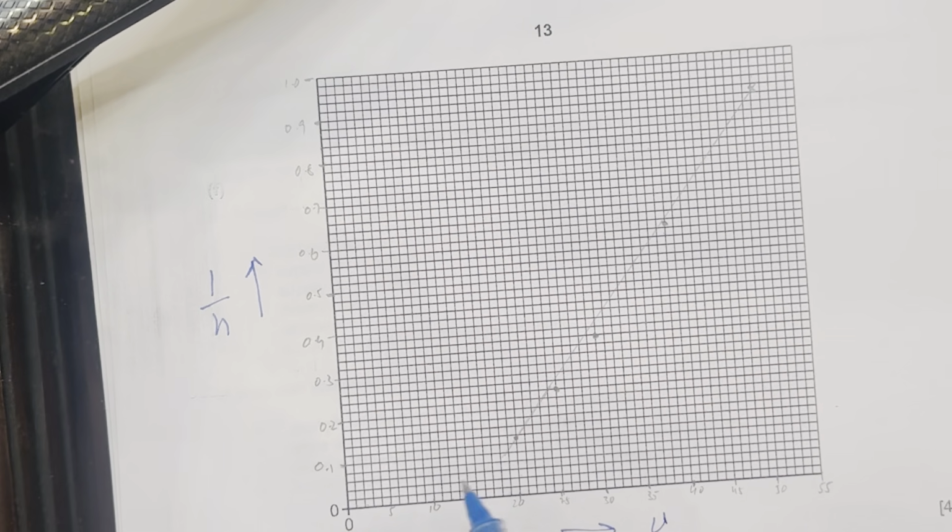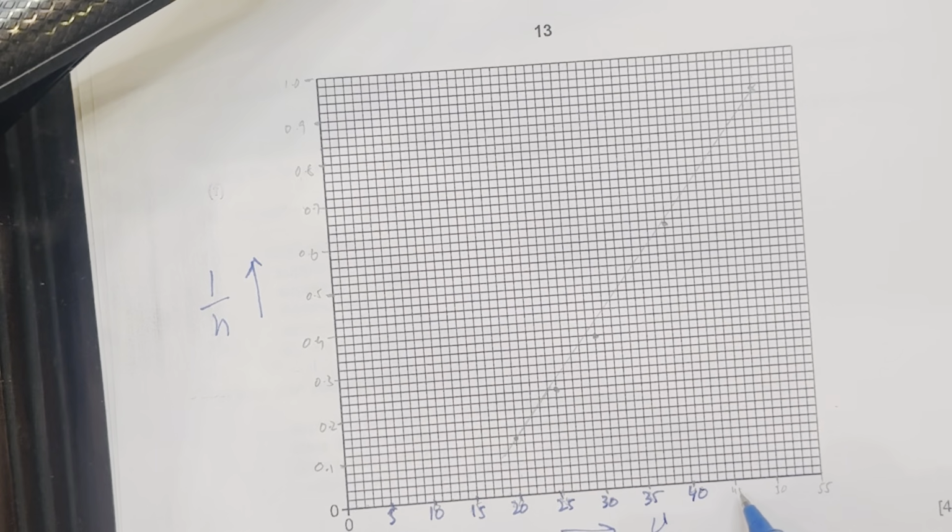Because the boxes were not clear, I have written some values already by lead pencil, but now I will show how I plotted. On the x-axis I have chosen a scale difference of 5 centimeter: 5, 10, 15, and so on up to 35, 40, 45, 50 and 55.